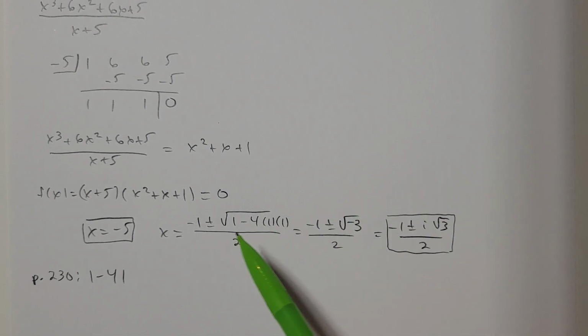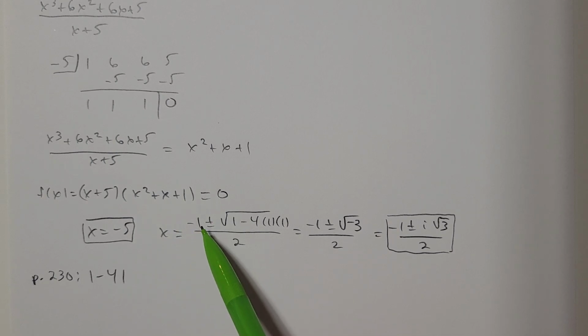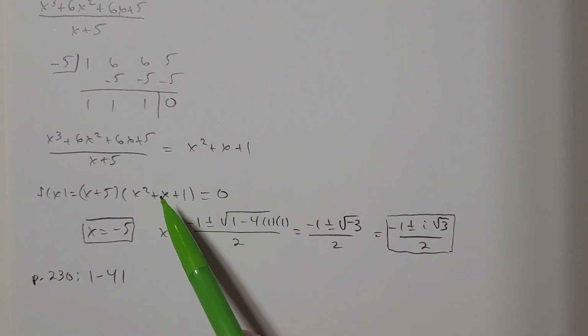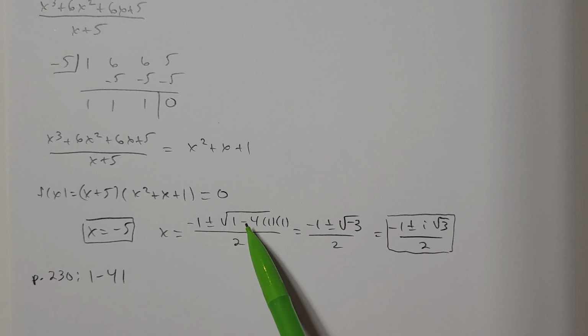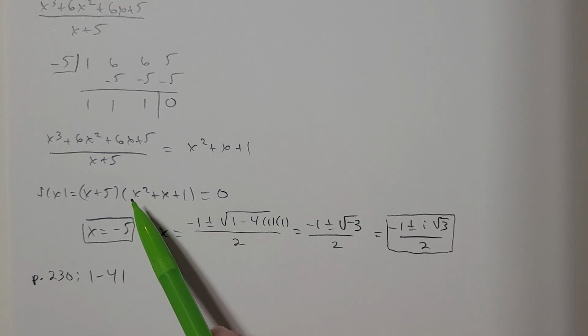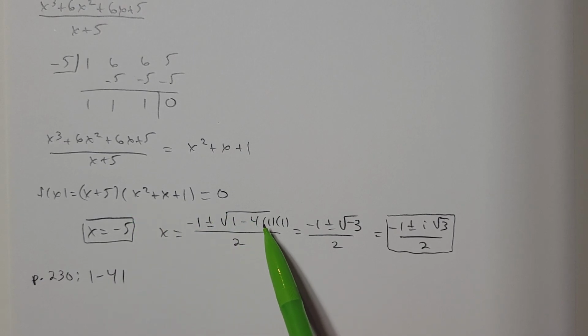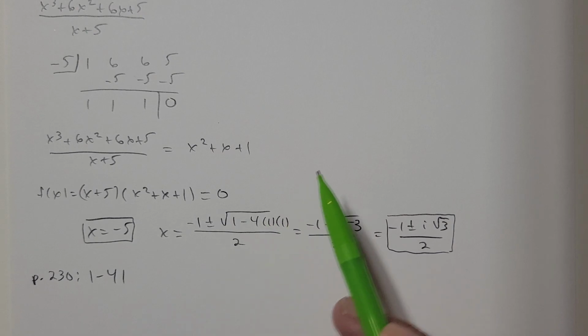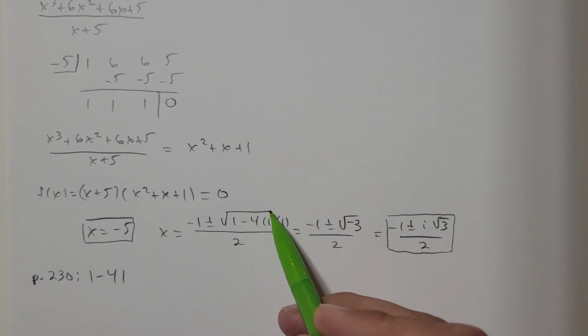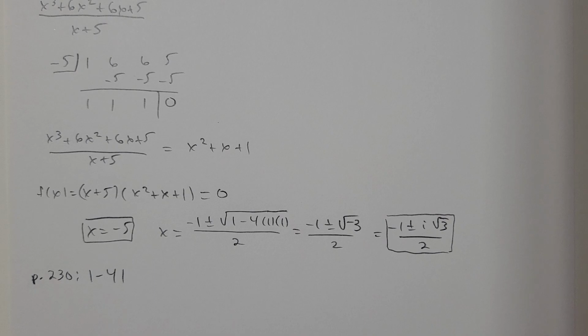So the opposite of b would be -1 plus or minus the square root of b squared, 1 squared is 1, minus 4 times a is 1, times c is 1. And this is all over 2a. 2 times 1 is 2 in the denominator. 1 minus 4 is -3, and the square root of -3, that would be an imaginary number.